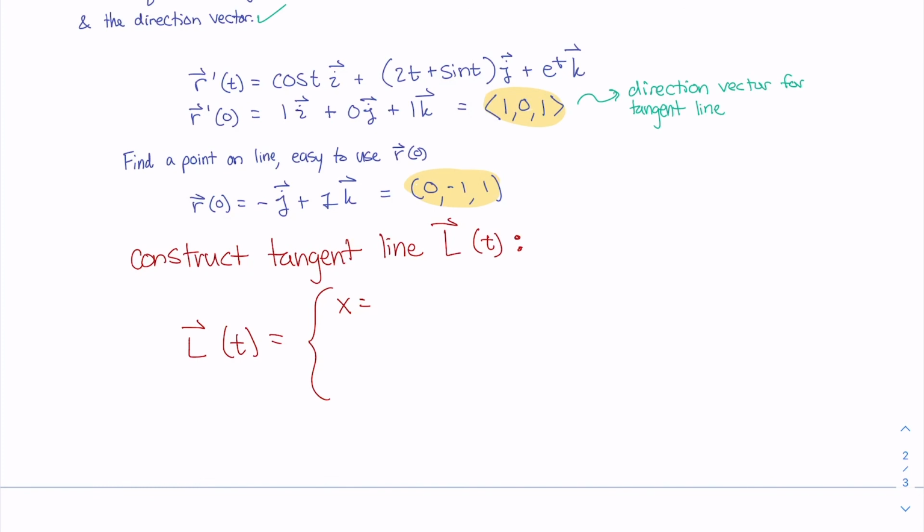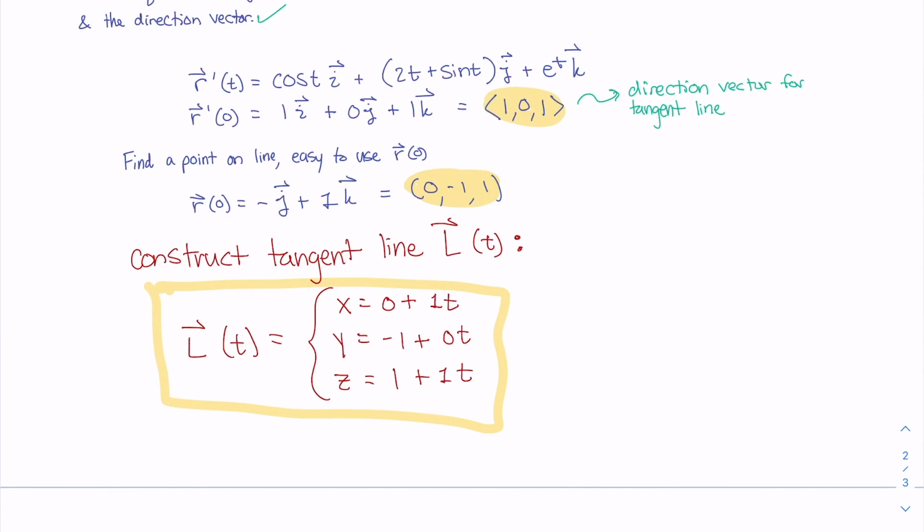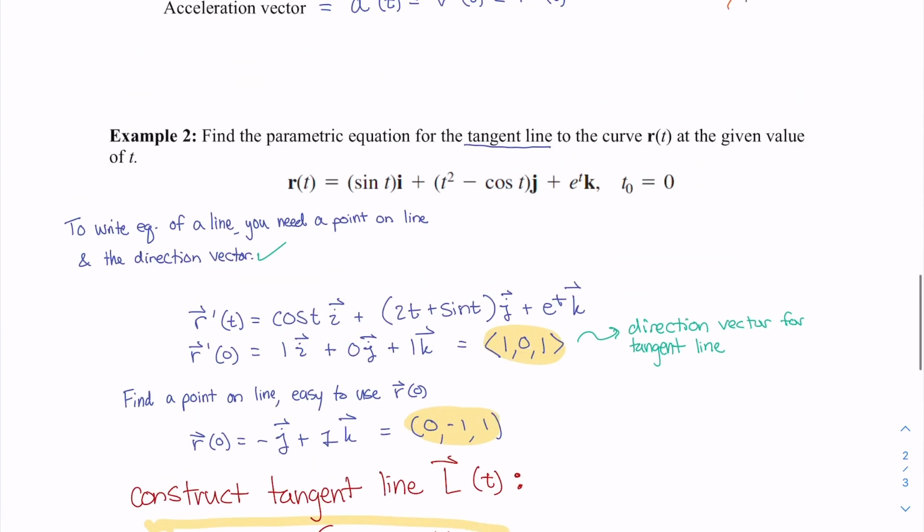So it's going to be 0 plus 1t. Y is going to be negative 1 plus 0t. And z will be 1 plus 1t. And so this right here is a parametric version of the tangent line to this curve when you're at the point on the curve corresponding to t equals 0.